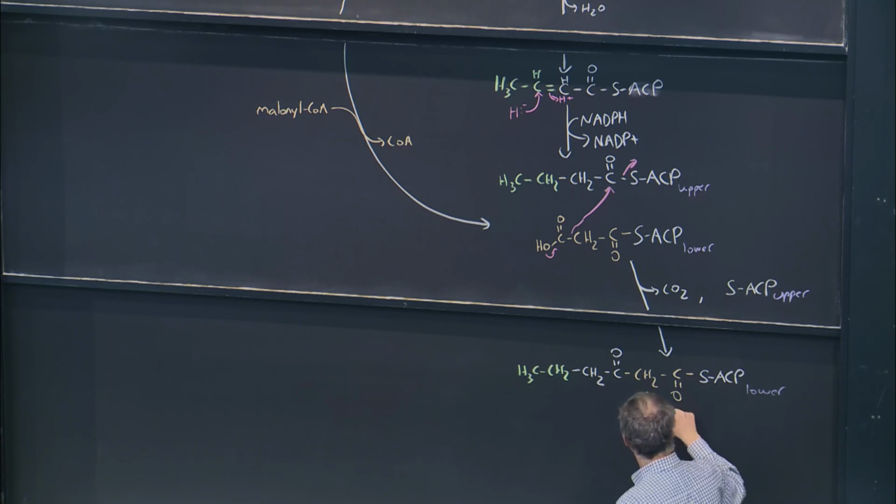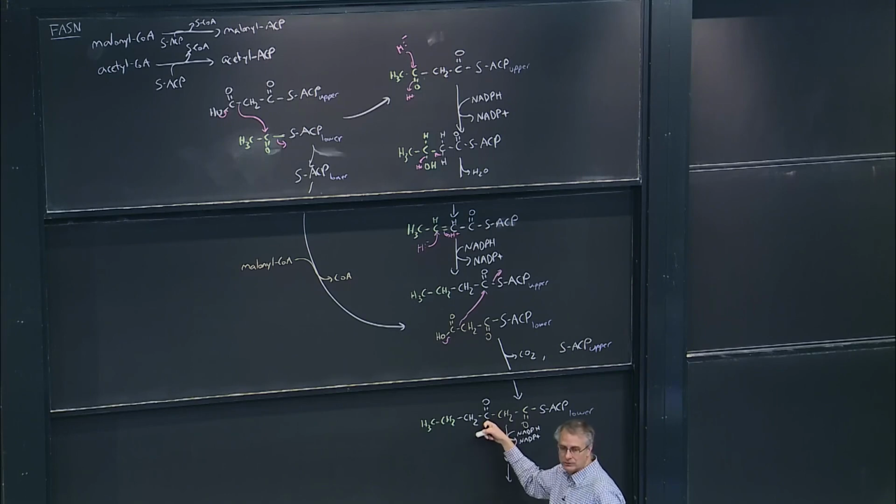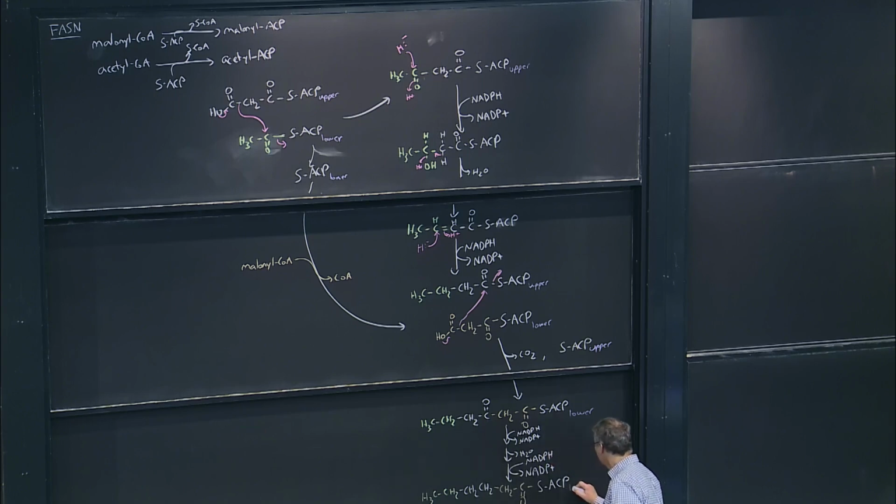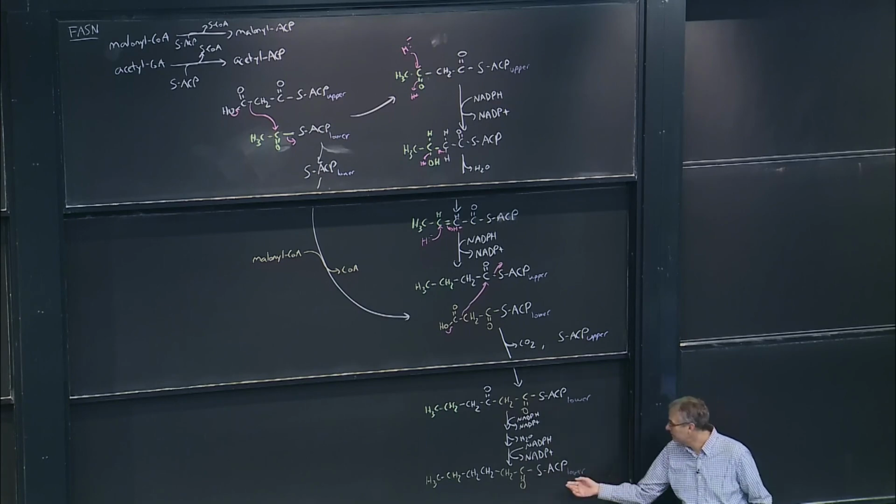I can now take this through the same cycles I took before, where first we're going to use NADPH to reduce this ketone to the alcohol, the dehydration, use NADPH again to reduce the carbon-carbon double bond, and we are left with this ACP on the lower site.